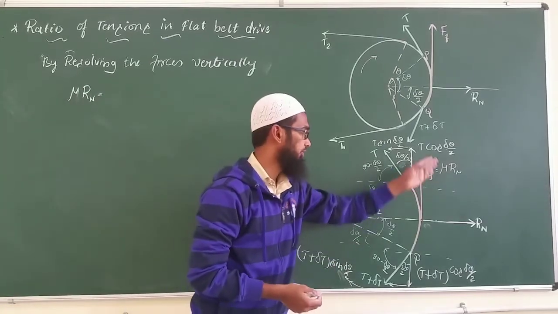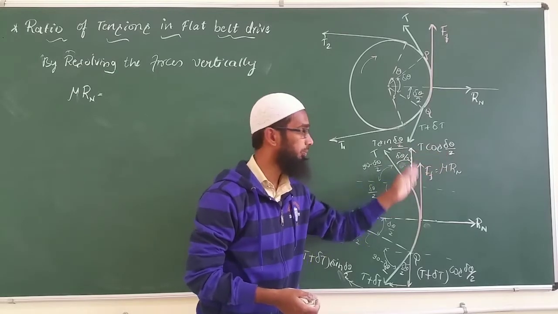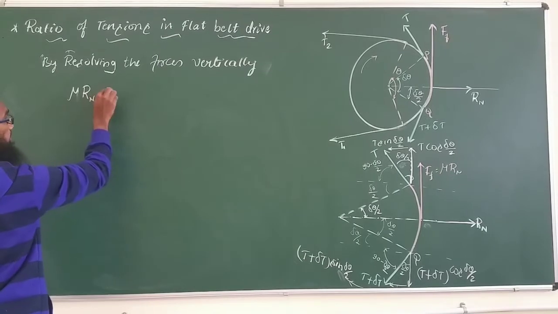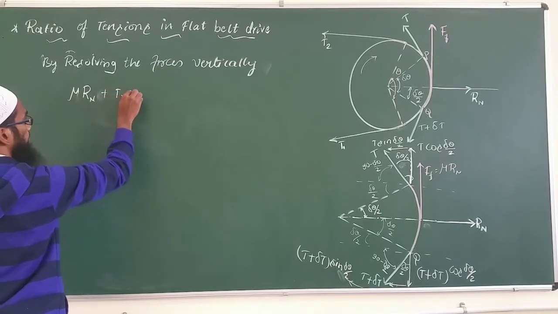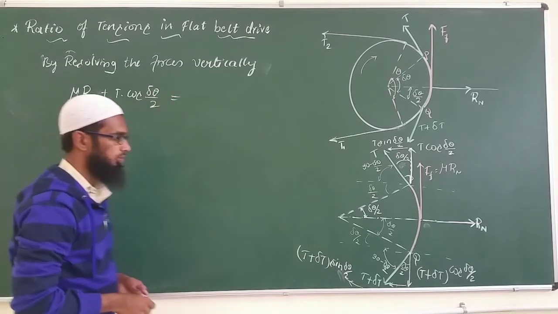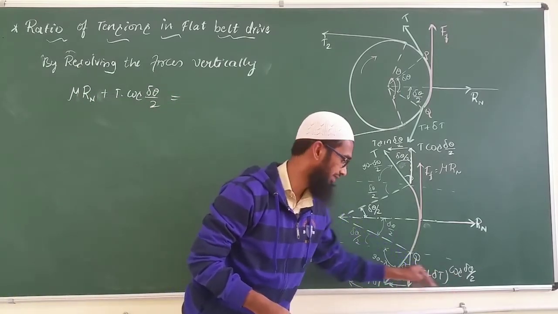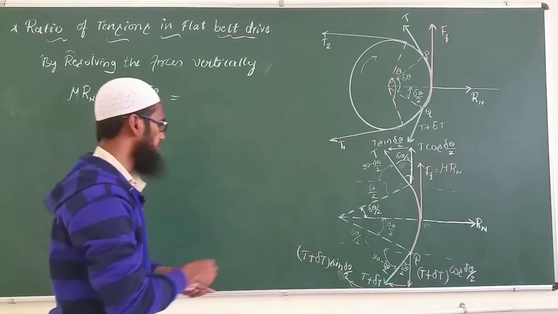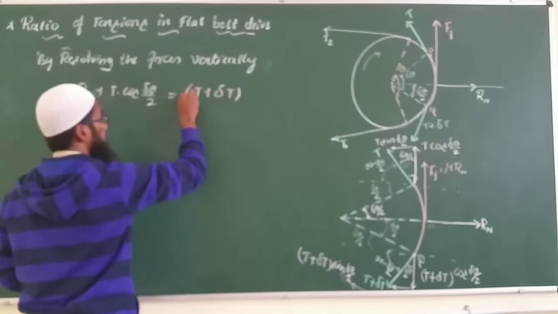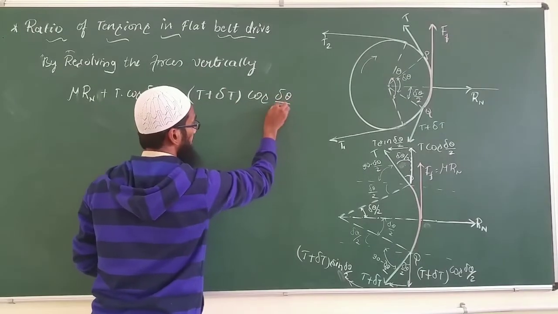Again we can see this T cos(∂θ/2) is acting in the upward direction, I'll take it with this only, plus T cos(∂θ/2), that is equal to, because this (T plus ∂T) cos(∂θ/2) is acting downward, I'll take on the other side here, (T plus ∂T) into cos(∂θ/2).